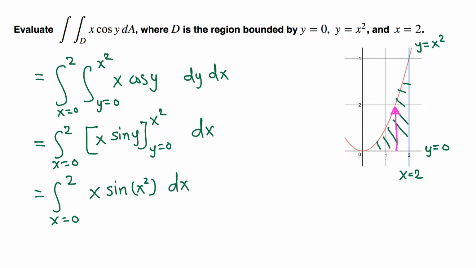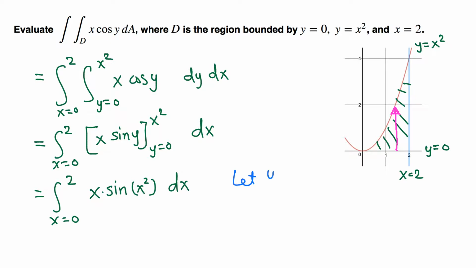Okay, so x times sine x square, we got a product of two functions in x. So we need to do u substitution or integration by parts. Here x square, x, derivative of x square is 2x. We have that, not 2x but only x, but we can always cook up that constant. So we need to make a u substitution.